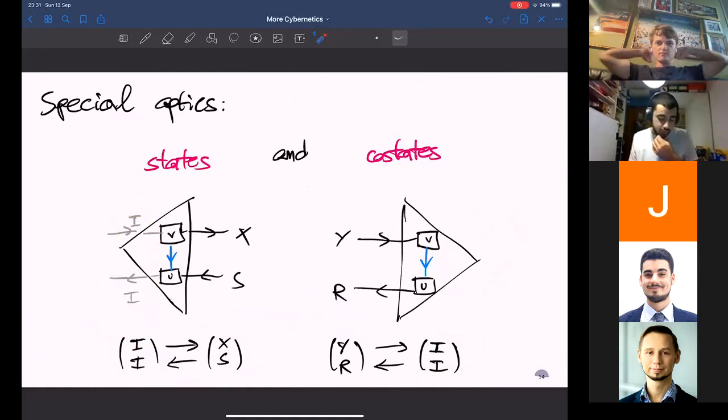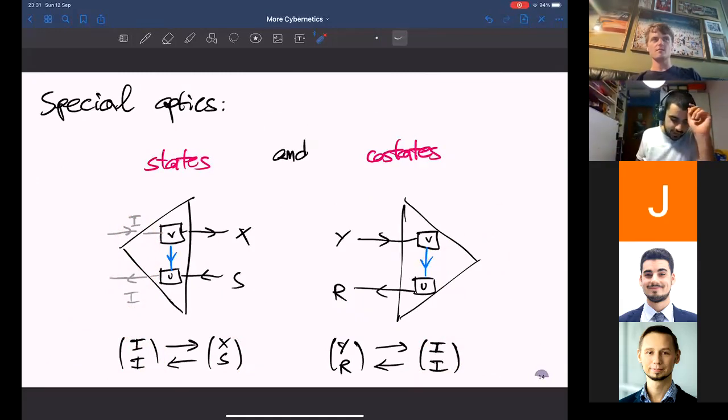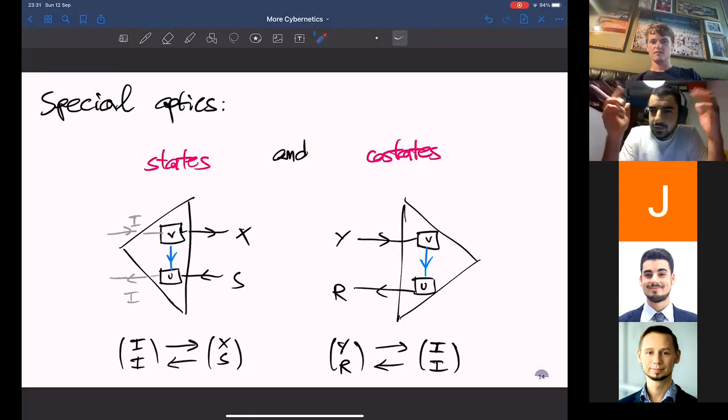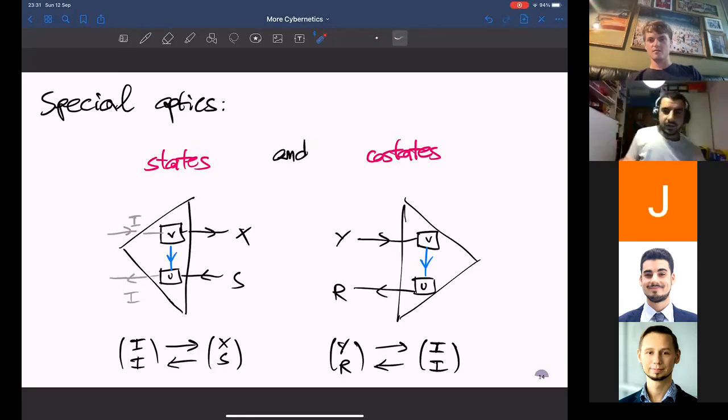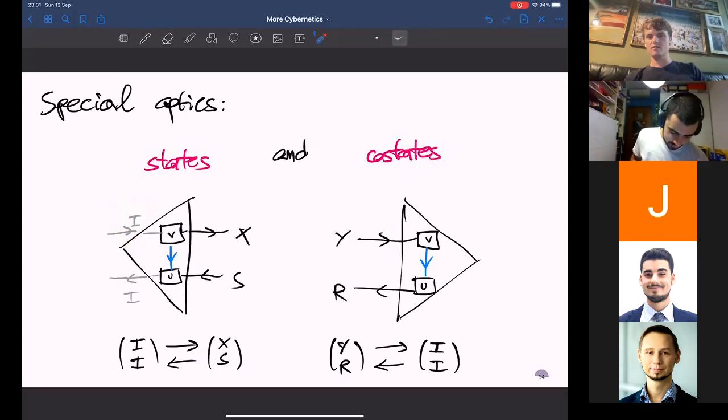The unit wire is the identity in the parallel composition, so that wire is doing nothing. You need it as you need zero for addition or the identity morphisms in categories. It's just so useful to have around a thing that does nothing. And indeed, for optics, this thing really shines.